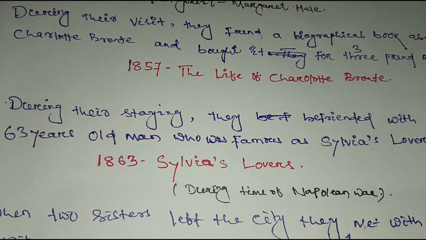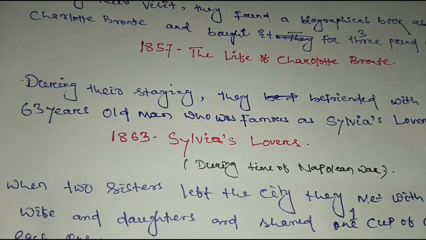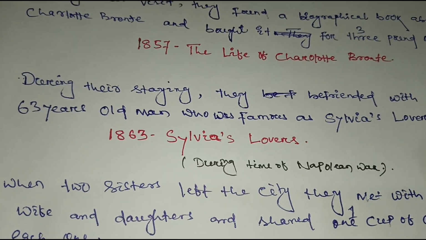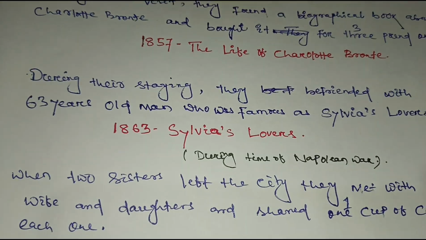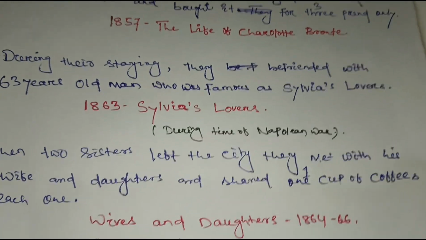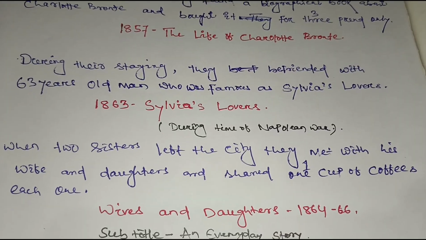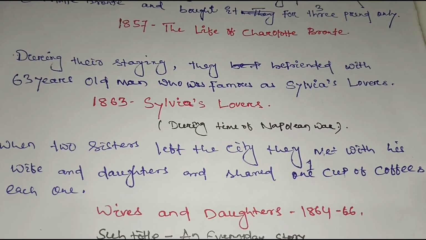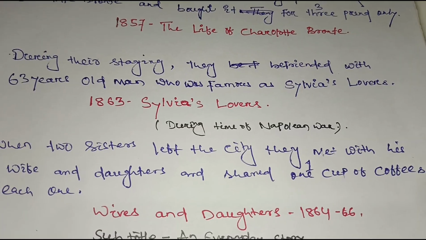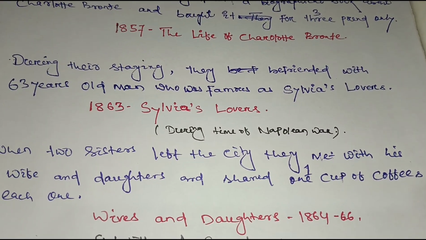1863. Then it is time to leave the city and return. They returned to their native home. When the two sisters left the city, they met his wife and daughters, Sylvia's wife and daughters, and shared one cup of coffee each.